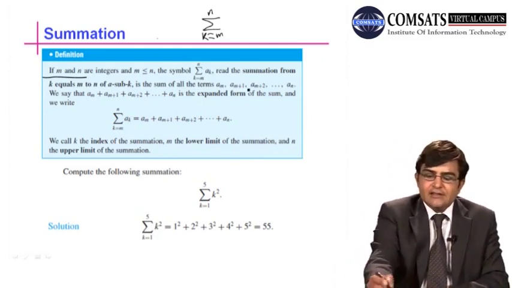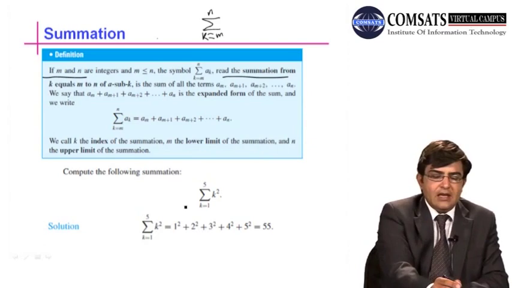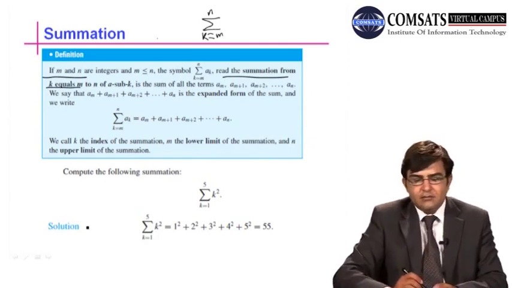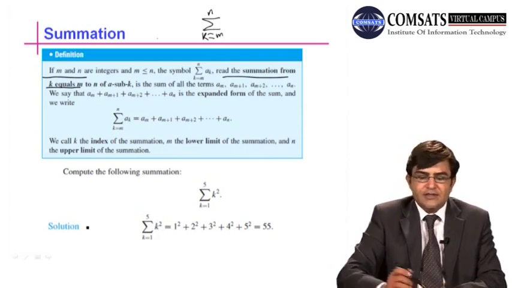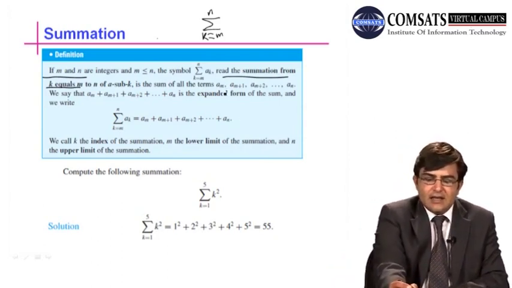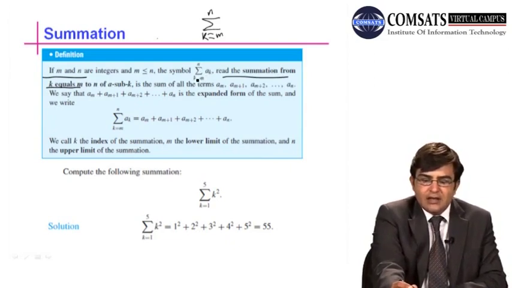So this is read as summation from k equals m to n of a sub k, the sum of all terms basically. Here we have a sub k, so the variation of k is starting from m to n. We can put here the values of k from m to n.